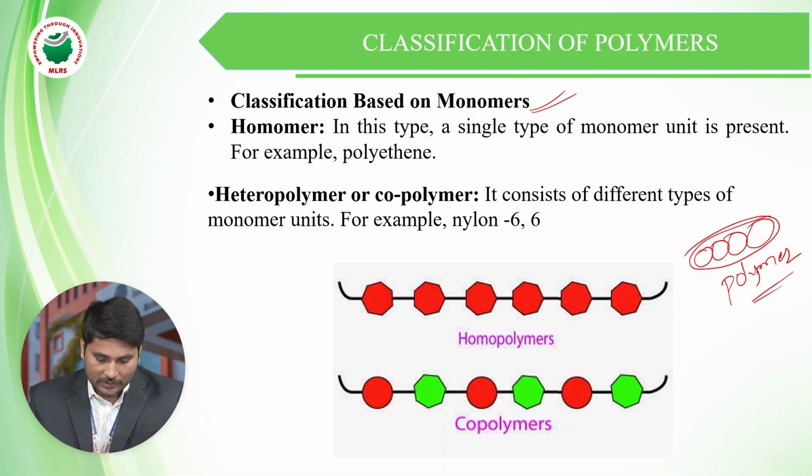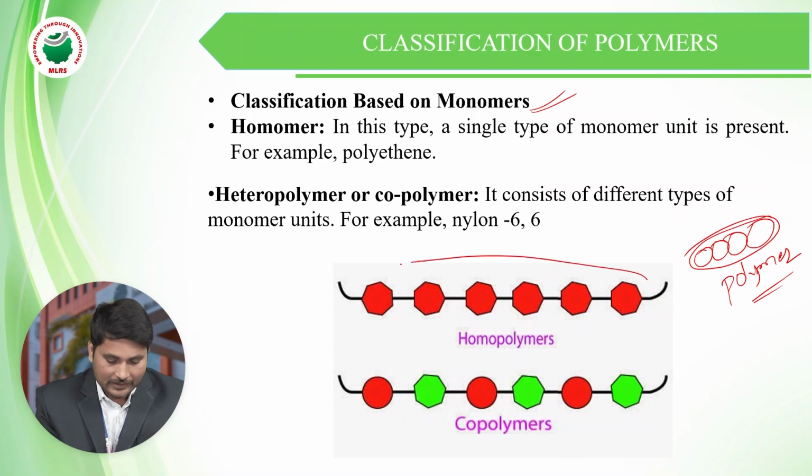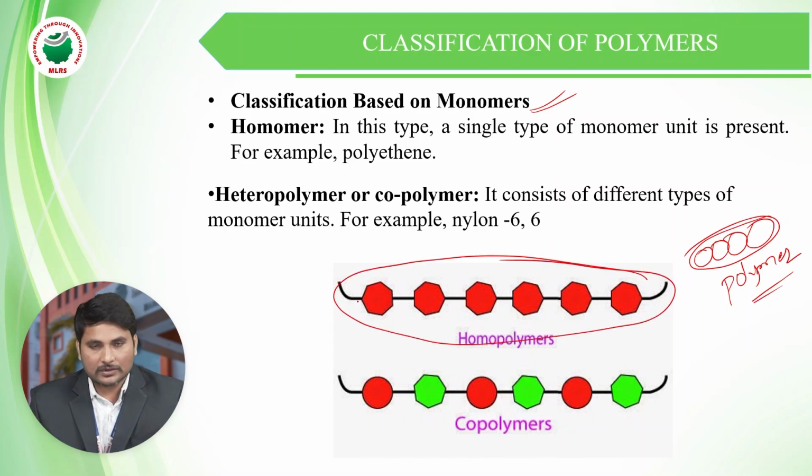In the homopolymer, this diagram will help you to understand easily. In homo, which monomer units are present? The monomers are all of a single type. One type of monomer is present. This type of polymer we call a homopolymer.